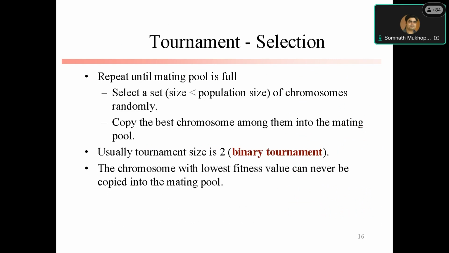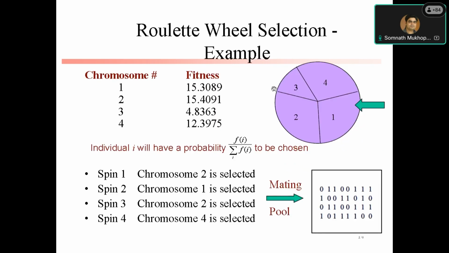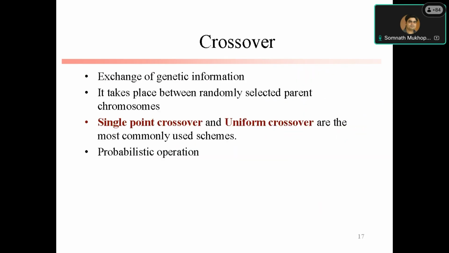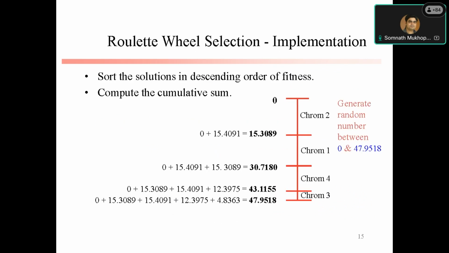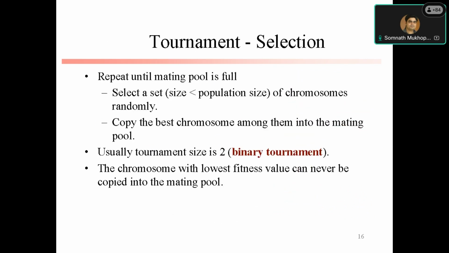So this is the advantage. This can be avoided by a different selection algorithm, which is tournament selection, which guarantees that the worst chromosome will not be selected. Here the worst chromosome can be selected; there is a chance of that.